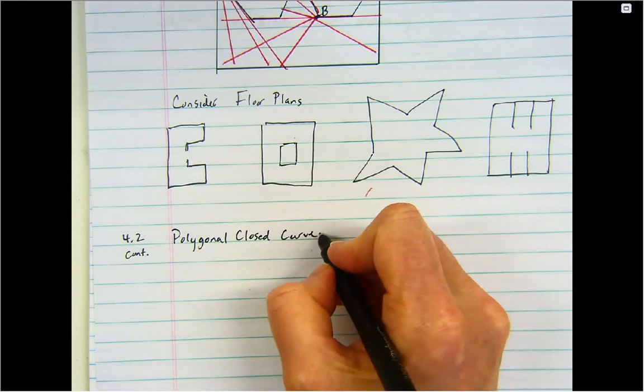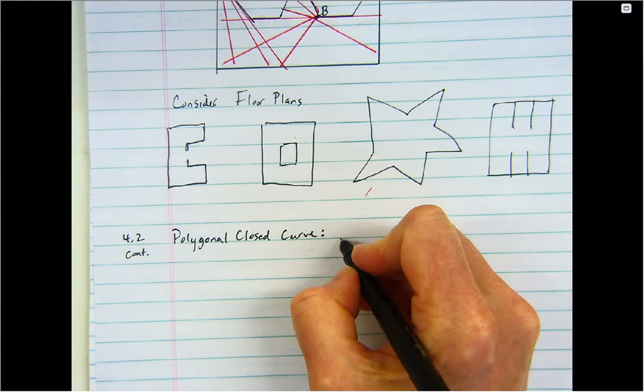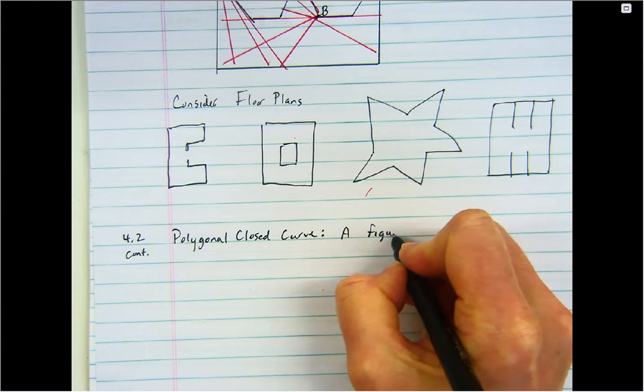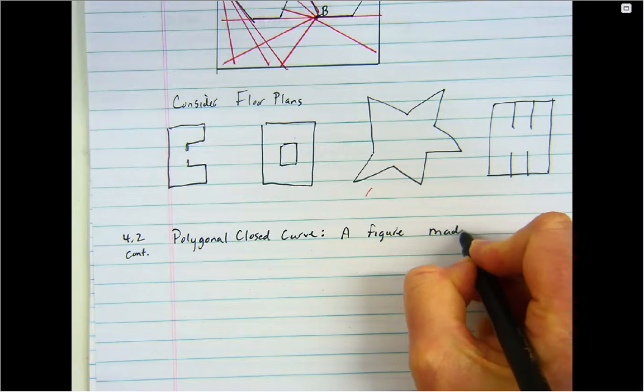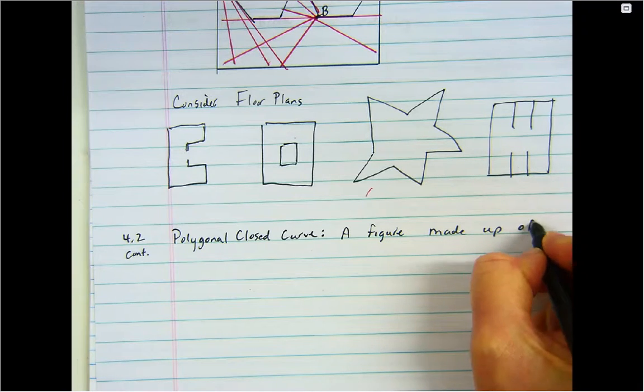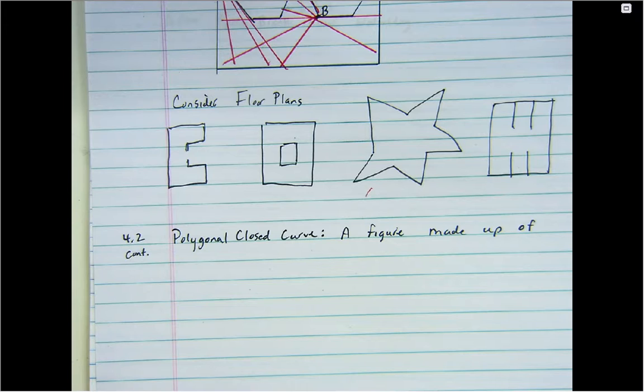So the description of a polygonal closed curve is a figure made up of straight line pieces.